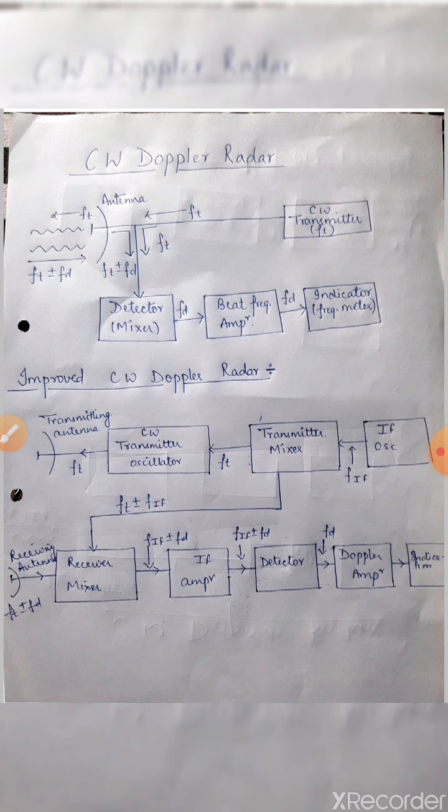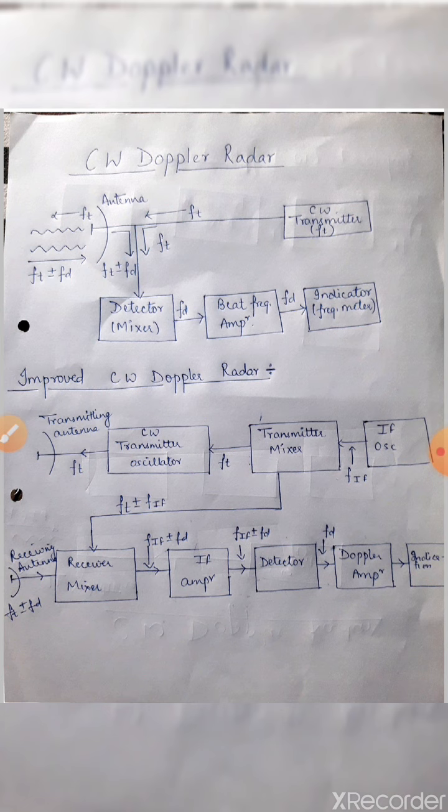In the transmission part, there is a CW transmitter, which transmits a frequency of Ft. In the receiver section, there is a detector mixer, beat frequency amplifier, and indicator frequency meter. Now let us start the explanation of how the CW radar works.